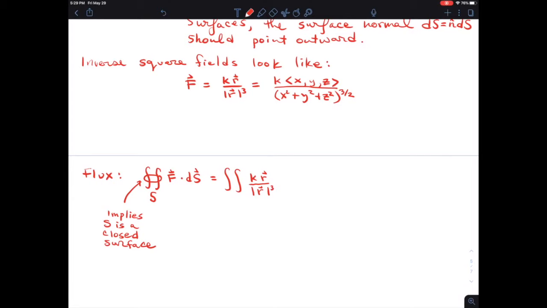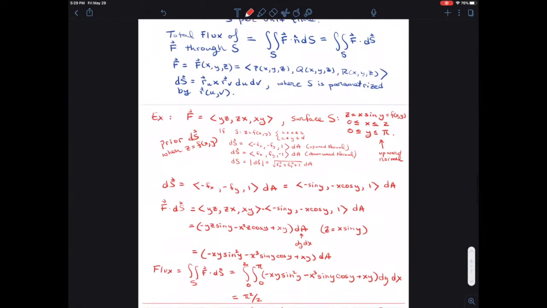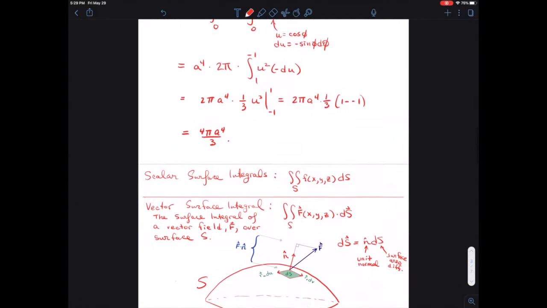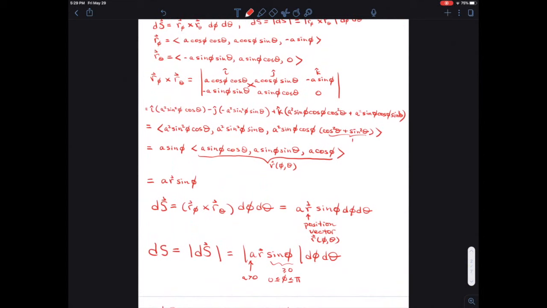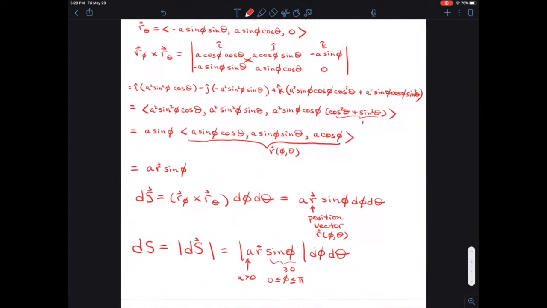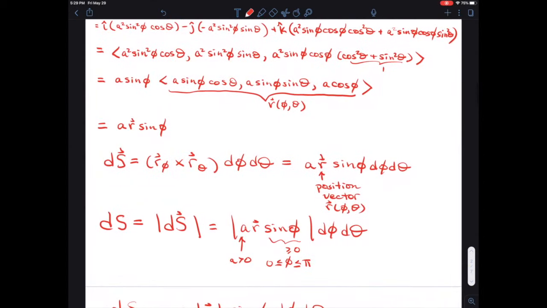Now dS, the vector differential for surface area, let's go back and find it because we already did this for a sphere. I think this is it here.